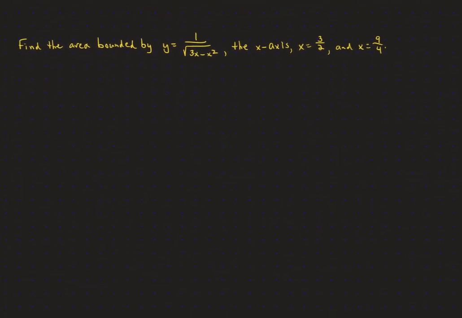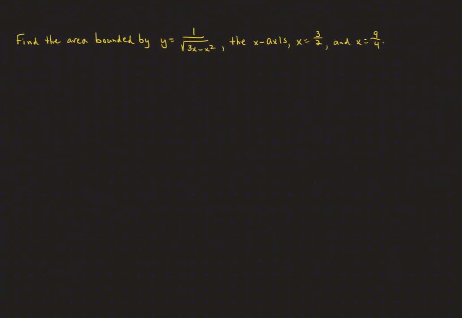Okay, so we are going to add another complication. We're going to find the area of the curve bounded by 1 over the square root of 3x minus x squared, the x-axis, x equals 3 halves, and x equals 9/4.